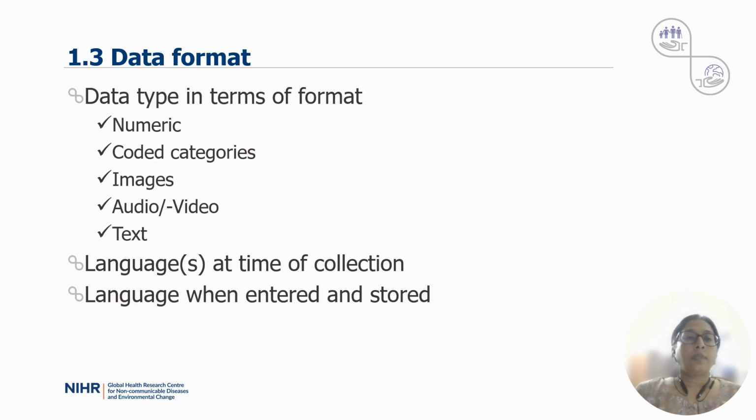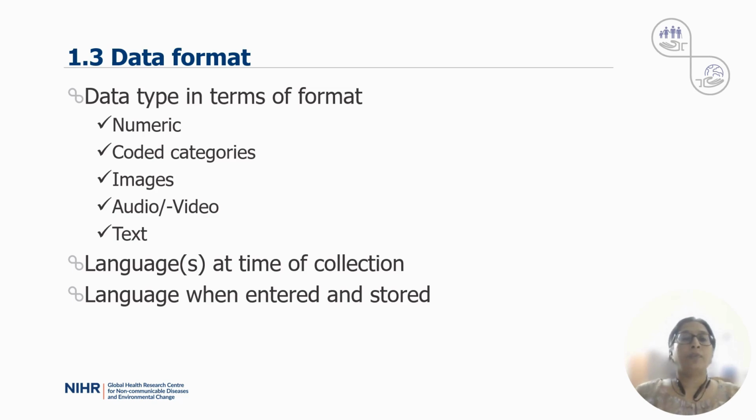The third aspect is the data format. For example, you might have data which are numeric or coded categories. The most common varieties are numeric and coded categories. For example, air pollution is numeric.